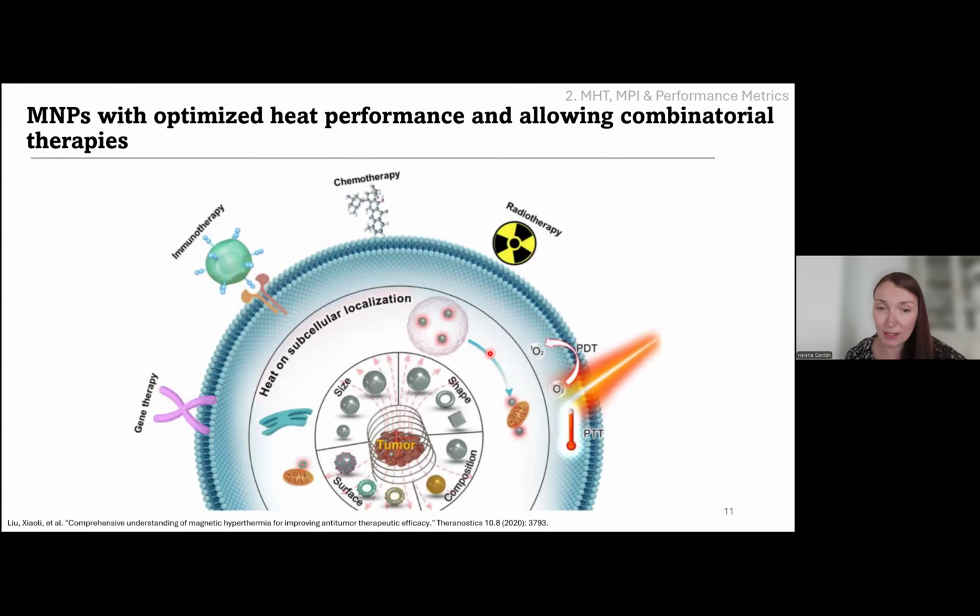Regarding the design of magnetic nanoparticles, the size, shape, surface, and composition can be tuned in order to offer combinational therapies ranging from gene therapy, immunotherapy, chemotherapy, radiotherapy, to photodynamic therapy and photothermal therapy.